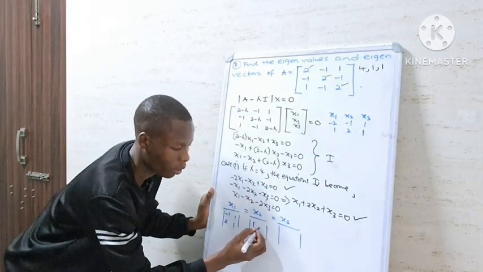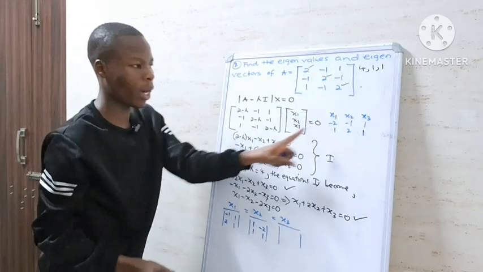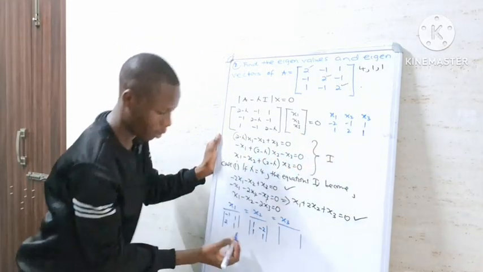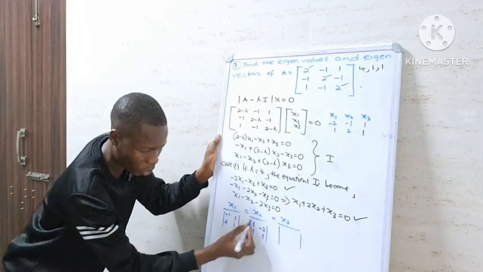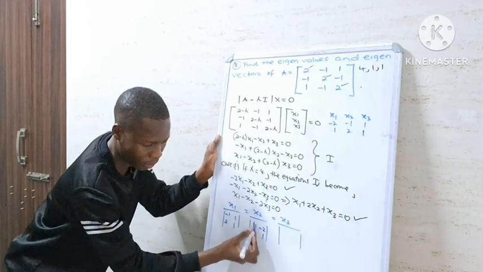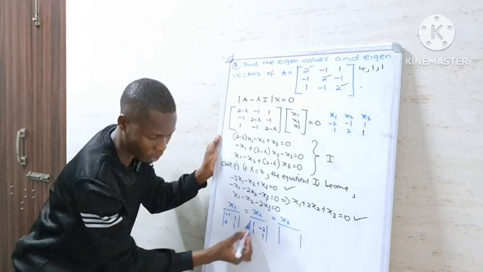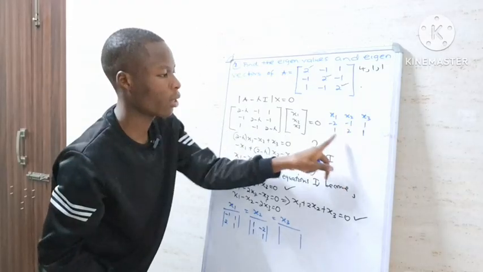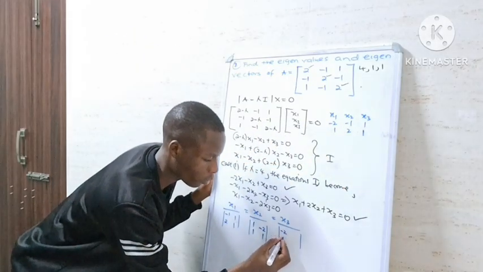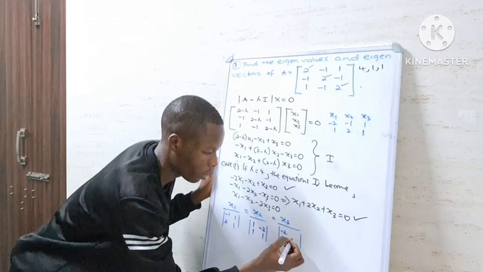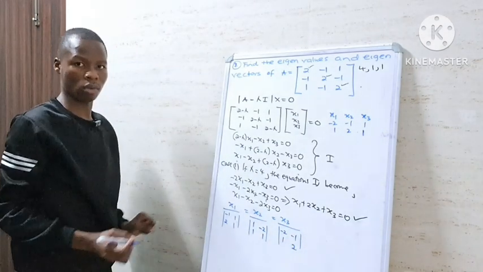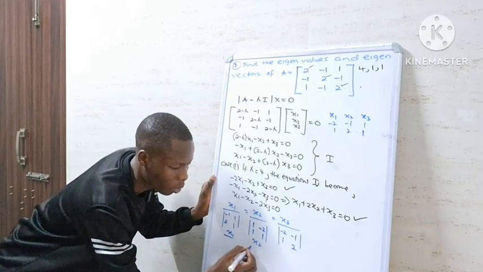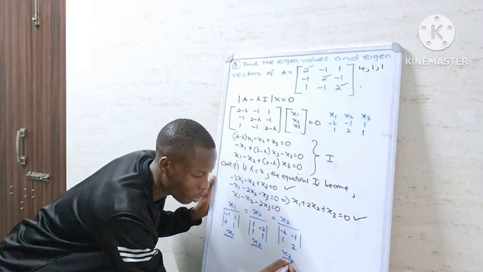Why didn't I write negative 2, 1, 1, 1? Make sure this column is the same as this column: this is 1, 1, this is 1, 1. Now for x3, you take negative 2, 1, negative 1, 2. This is x1 by, this is x2 by, this is x3 by.